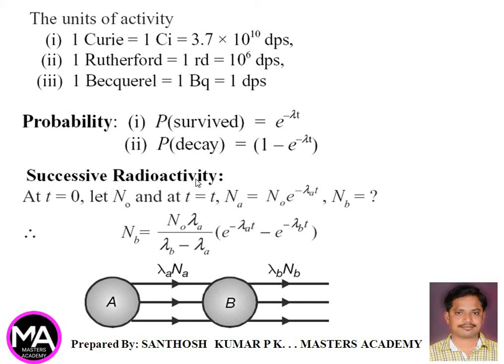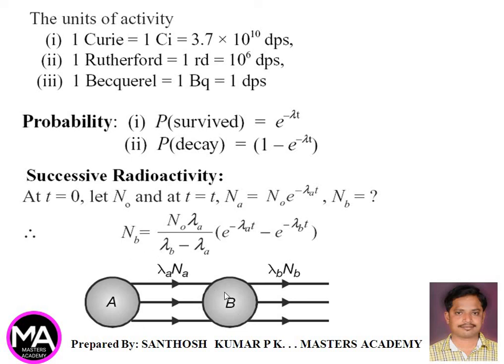Now, successive radioactivity. Let at time t is equal to 0, that is initial time, the number of atoms be N naught, and after time interval t, the number of atoms remaining is N naught into e to the power of minus lambda A into t. Then what is N B? That is successive. So first A is the nuclei, after disintegration it becomes B, like this.